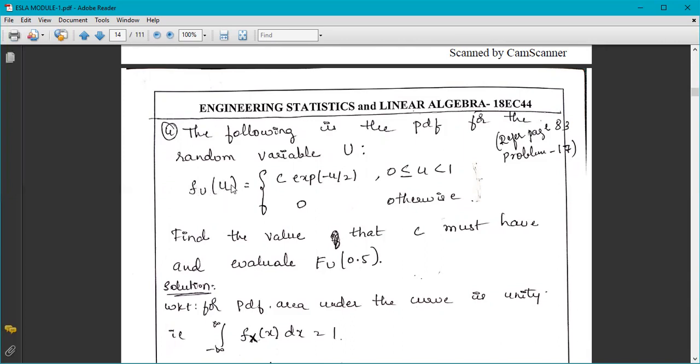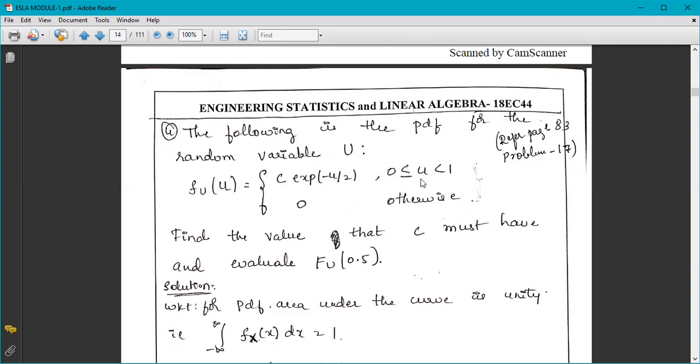f_U(u) is a function, c is a constant, c times exponential of minus u by 2, given the condition 0 less than u less than 1.